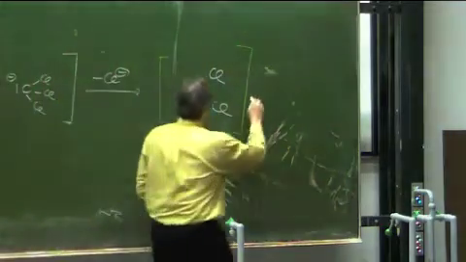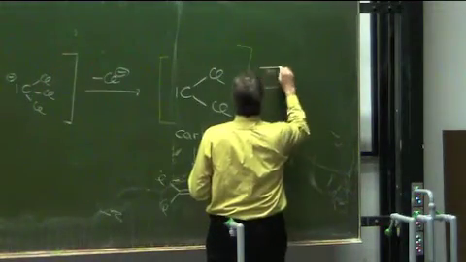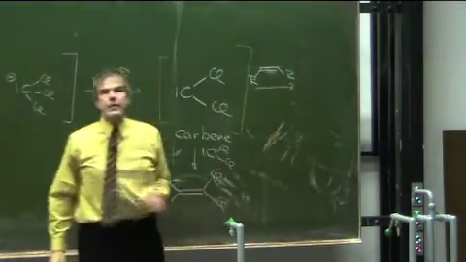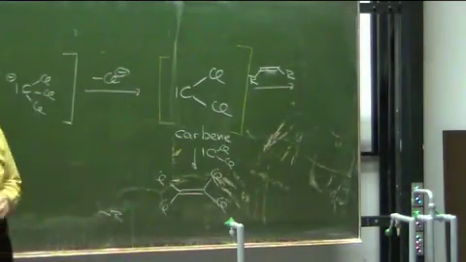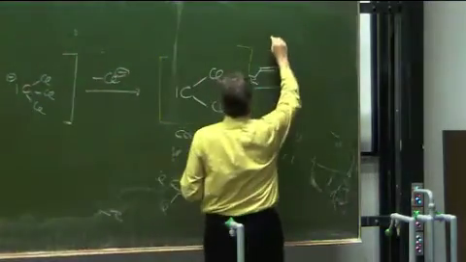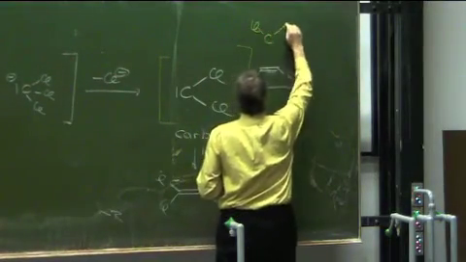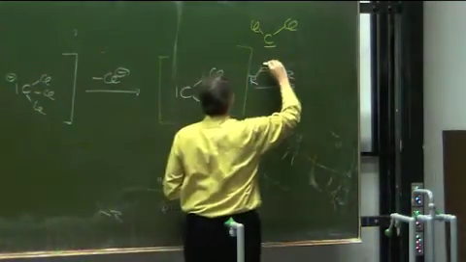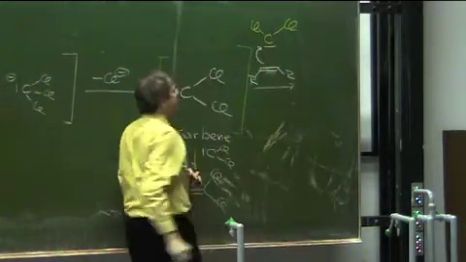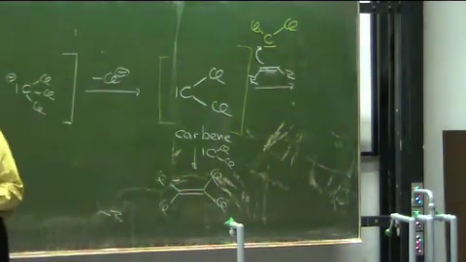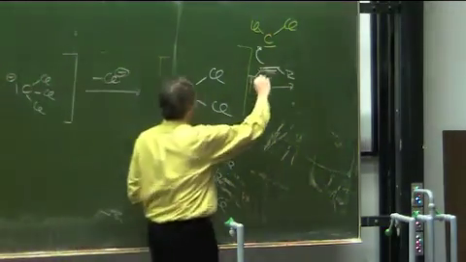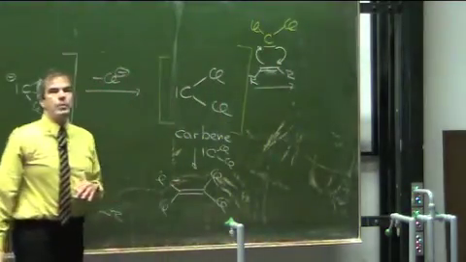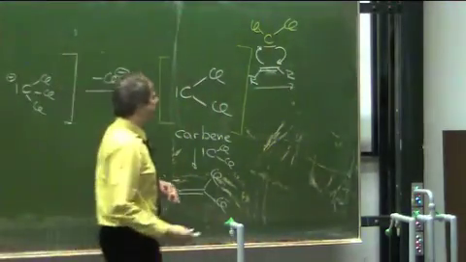But what is much more useful is that you can react carbenes in the presence of excess of alkenes. And what this will do is that the alkene attacking the carbene, but at the same time, this lone pair from the carbene is attacking the double bond.